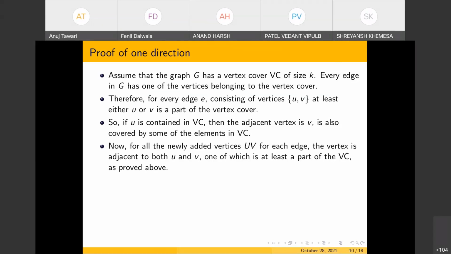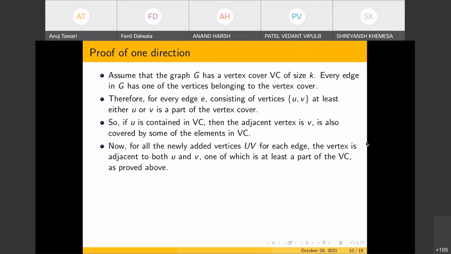So now for all the newly added vertices, UV for each edge. Remember the construction of this graph G prime. We converted each edge into a triangle, and for every edge u comma v, we brought in this new vertex uv.